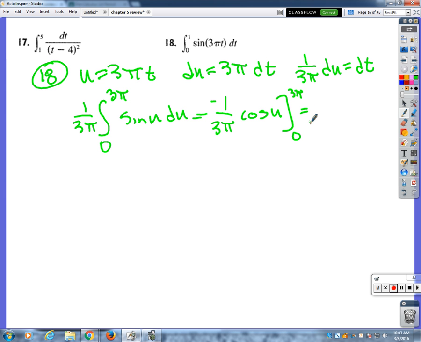So if you plug in 3 pi, so wait, why did you get -1? Because you said the antiderivative of sine was negative cosine, so I just threw the negative in front. So if you do the cosine of 3 pi, then you have to do a complete cycle of the graph to get to 2 pi, and then go another pi from there.